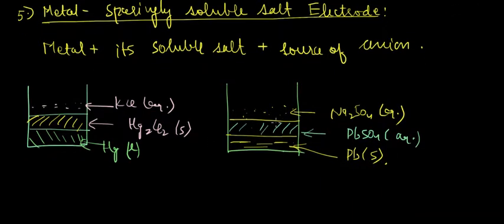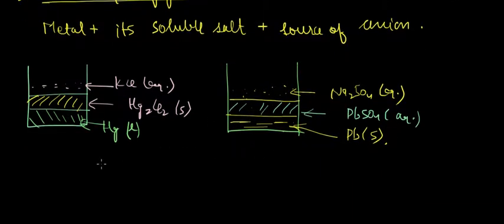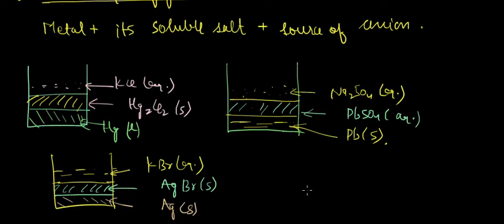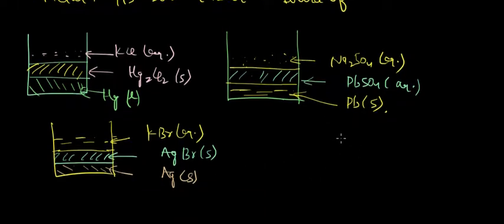Okay, we can have another example in which we have a container, the top layer present is KBr aqueous, the middle layer present is AgBr solid, and the bottom layer present is Ag solid.